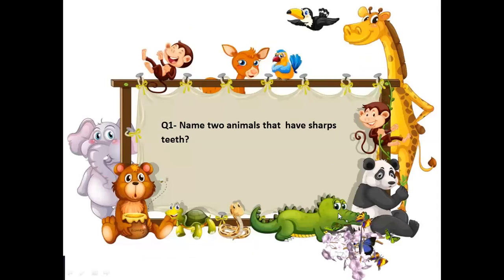Now our next chapter is animals. We learned in this chapter that there are different kinds of animals. Some live in water, some on land, and some can fly. We studied three groups of animals: herbivores, carnivores, and omnivores. Some animals eat plants; they are herbivores, like deer and rabbits.